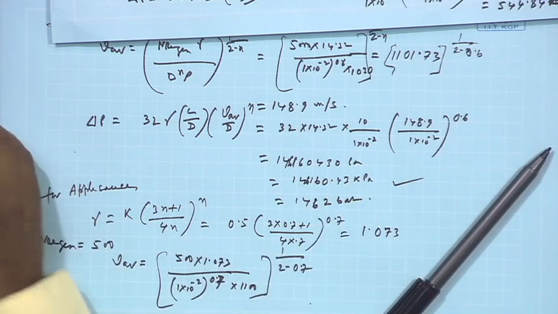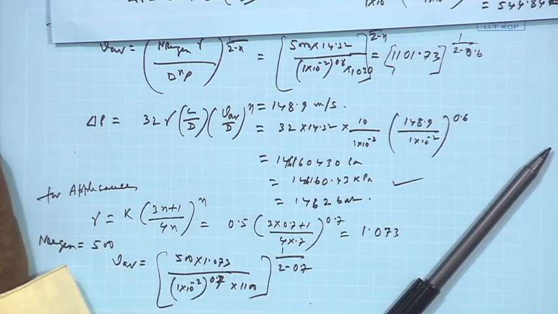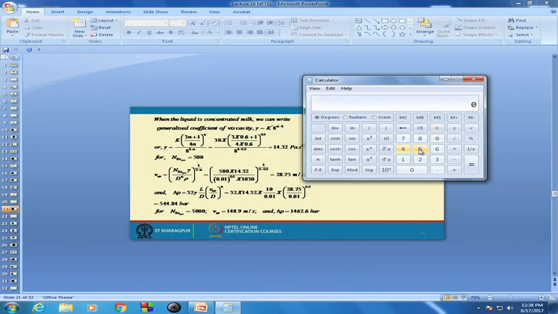If we do it on the calculator, it becomes 500 into 1.073 divided by 1100, I hope we have done it rightly.